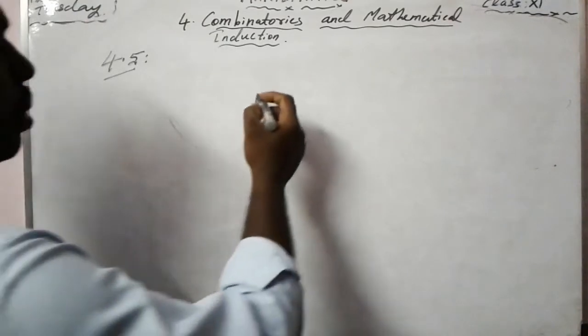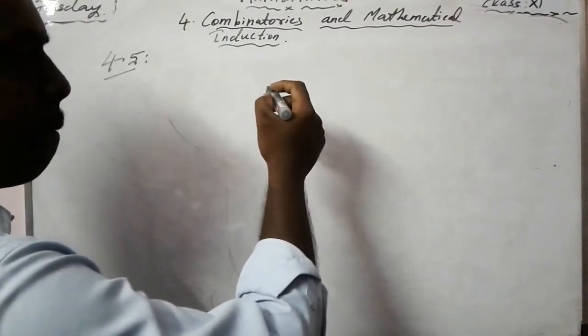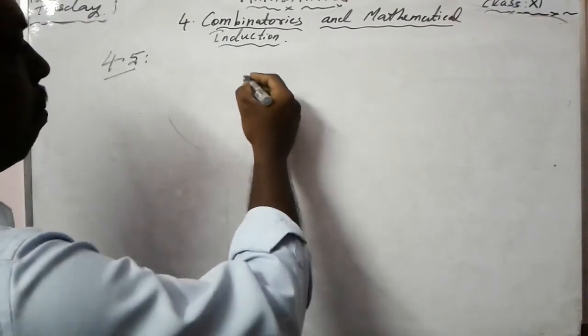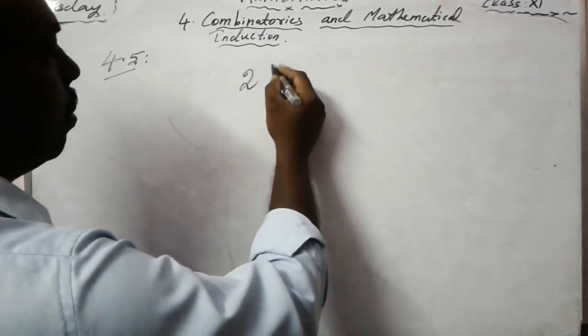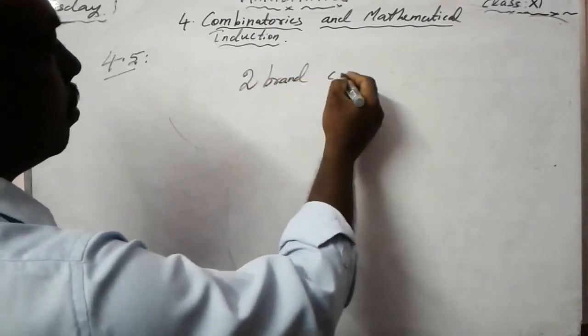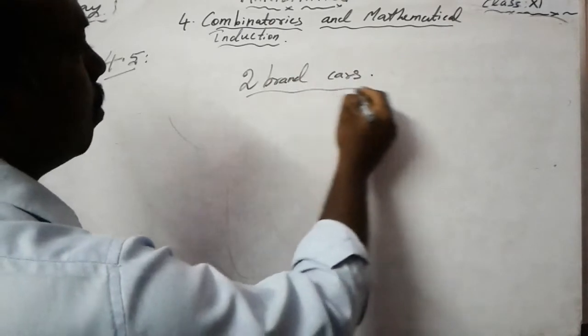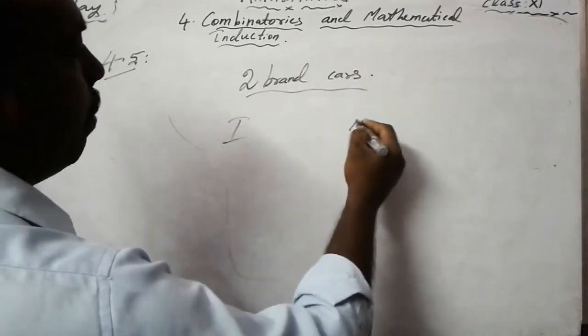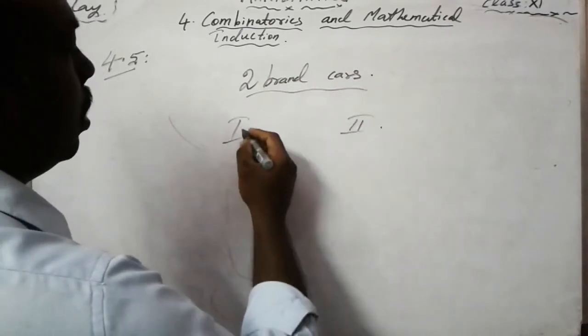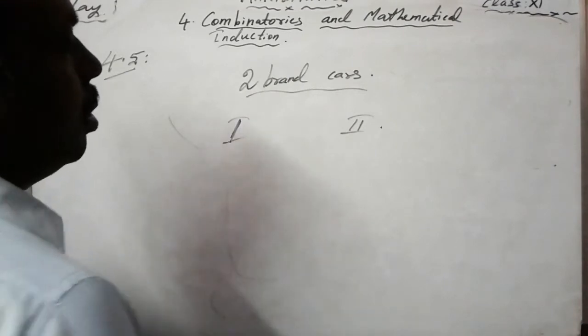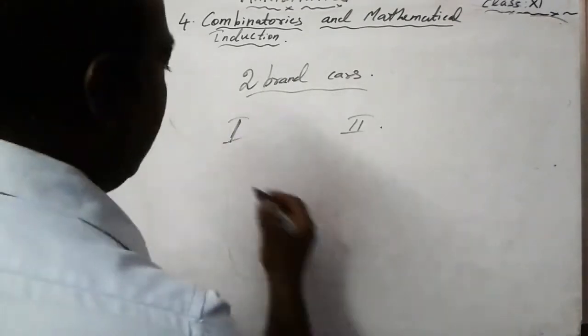So there are 2 brands of cars, first brand and second brand. How many models?